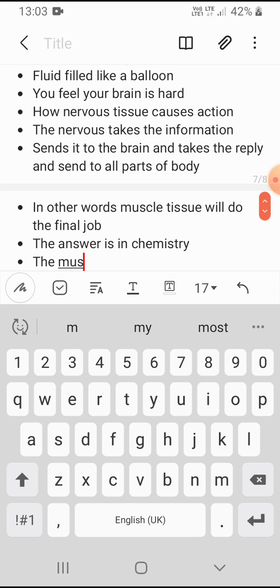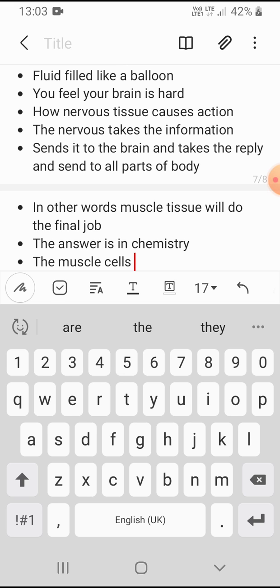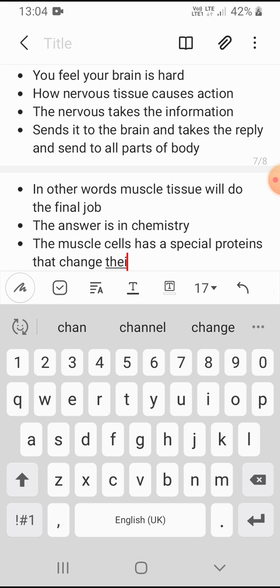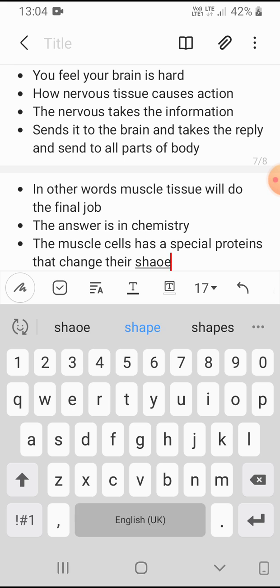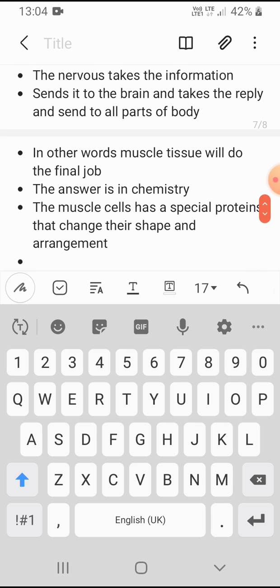The muscle cells have special proteins that change their shape and arrangement.